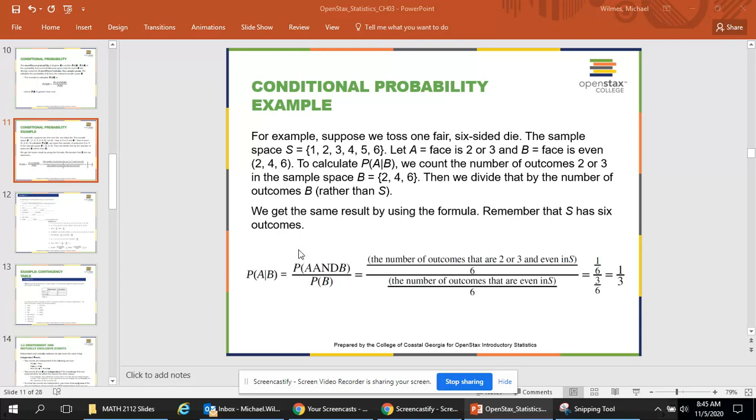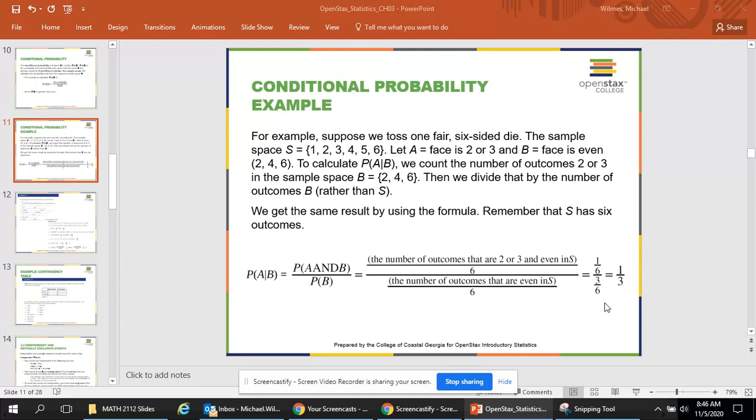And up top, we want to calculate the probability of A and B occurring. A is 2 or 3, and B is evens, 2, 4, 6. The only way for A and B to occur is one result, a 2, right? Because a 3 is not even. So there's only one way to do it out of 6. So that's 1 out of 6. Now we have 1 out of 6 over 3 out of 6.